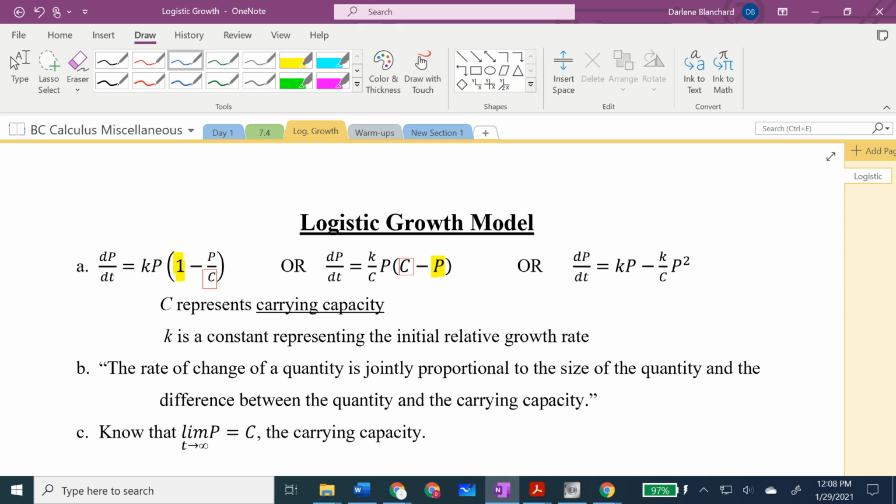And one way that you can figure out the carrying capacity based off of this model is to just take whatever this is, factor it out, and you'll have left over a number and a P. If you take whatever is here and rewrite it as P divided by some number, carrying capacity is that number.